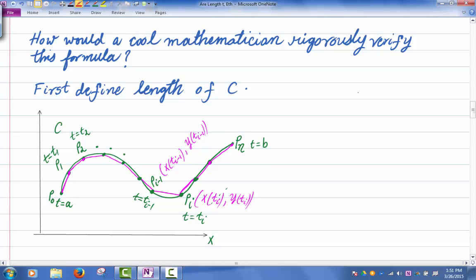Okay. What's the problem with what we did so far? Let me ask you this. What is the meaning of the length of the curve? If I give you a straight line segment, there is no doubt what the length is, right?